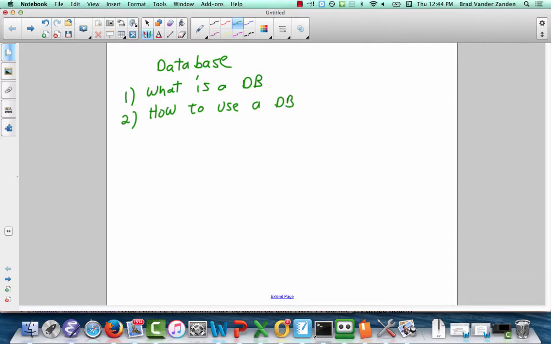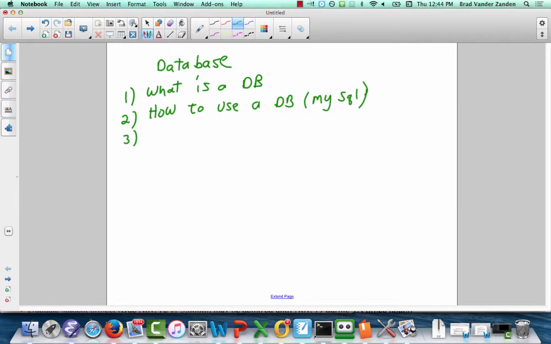And for this class, we will be using a public domain database called MySQL. It's a public domain equivalent to SQL, which is probably the most widely used type of relational database on the market today. And we'll talk about what relational databases are in a bit.